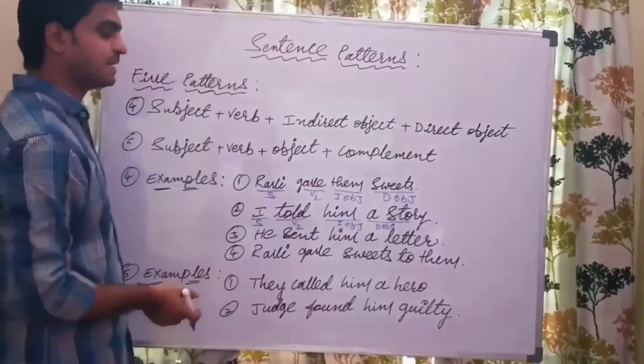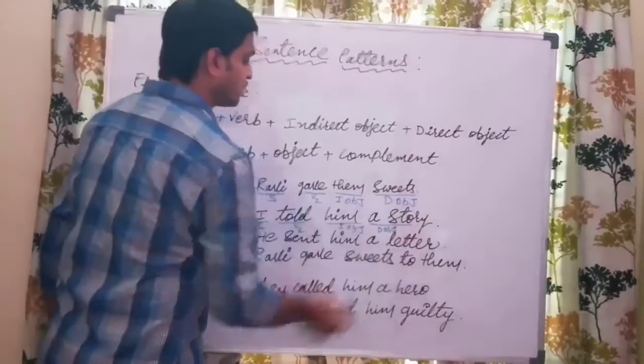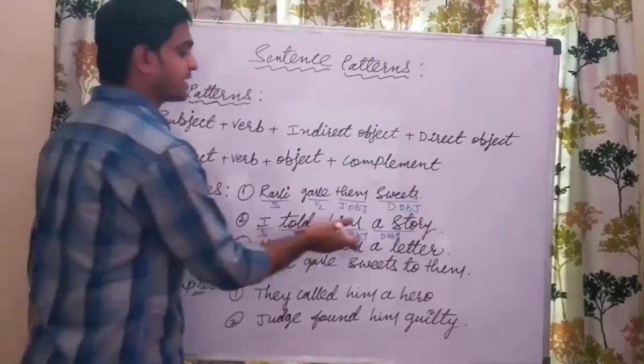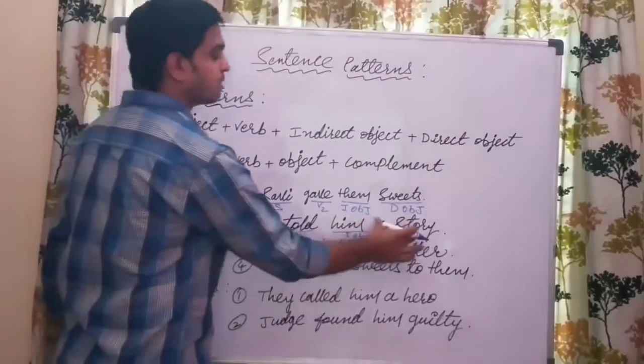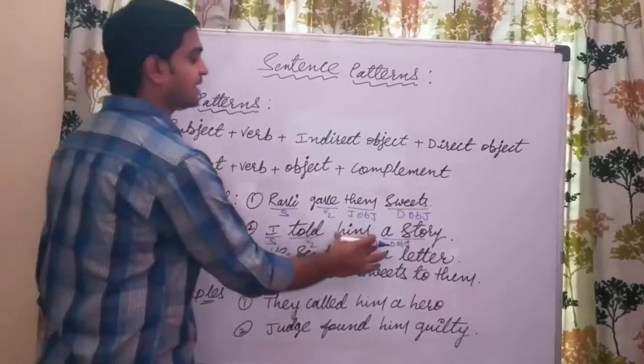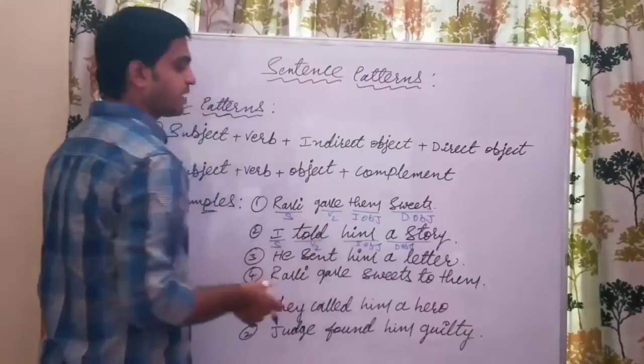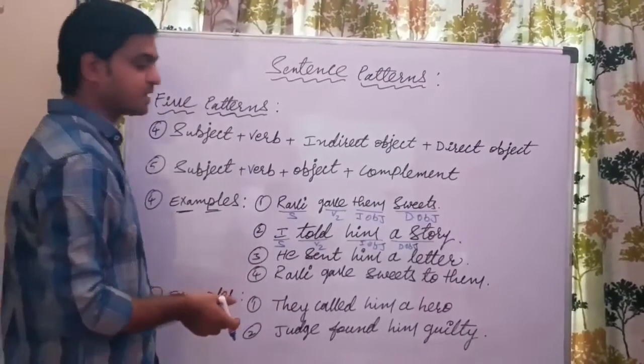It is a proper sentence. Suppose I remove a story, what will happen here? I told him. But what I told him was not explained properly. So that's why the direct object is compulsory, whereas the indirect object depends upon our usage. We can use it or we cannot use it. It is a temporary one.